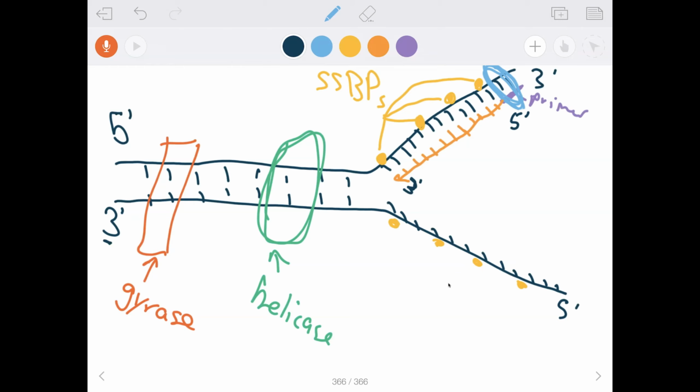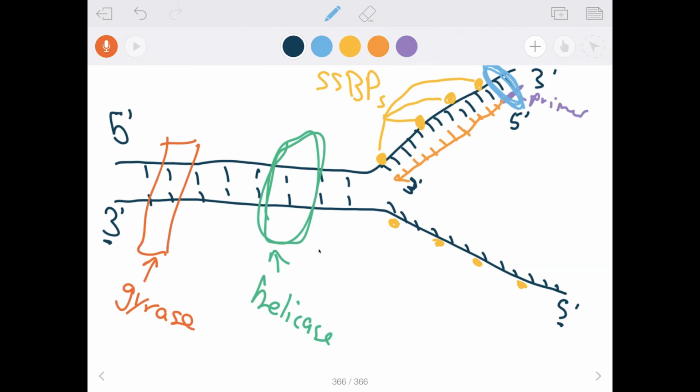You have 3' here, 5' there. We know polymerase reads in the 3' to 5' direction. With this section here closed, no enzyme, meaning polymerase, can get access to this. It can access this section, but it can't access this one. So the bottom strand, we have to build it in pieces or chunks.